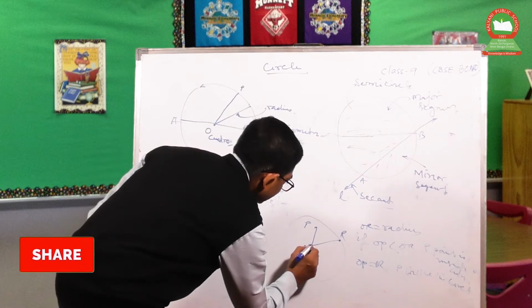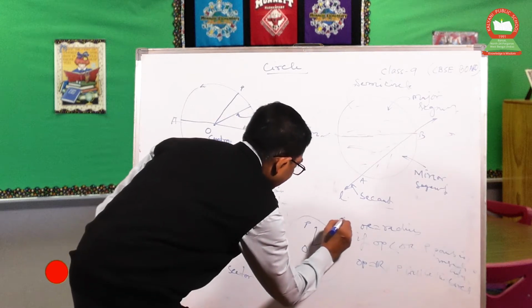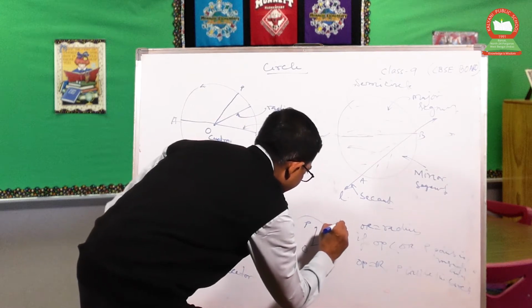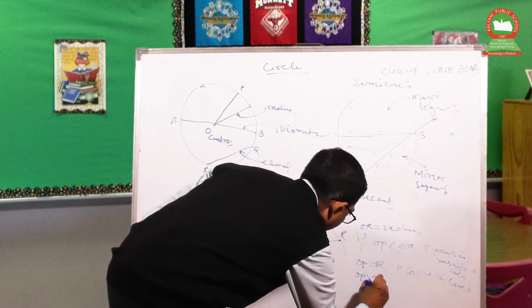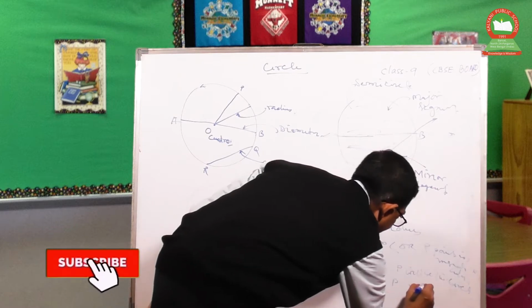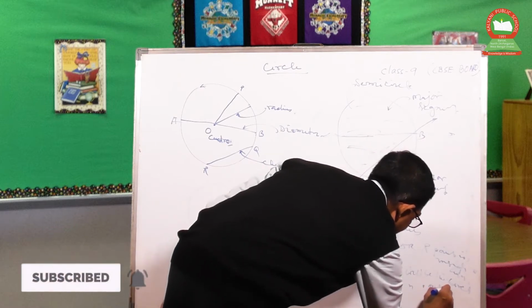If the point is here and OP is greater than OR, then P is outside the circle.